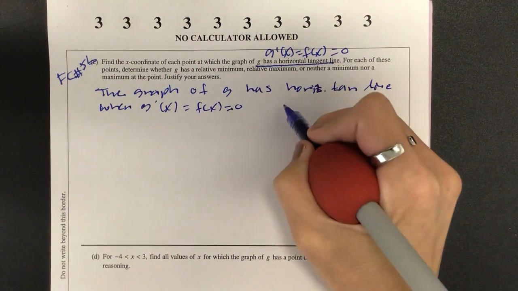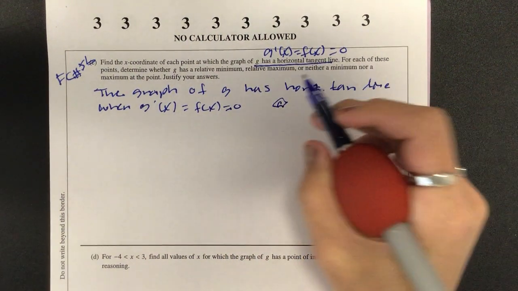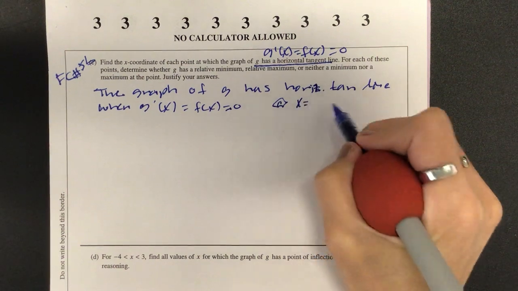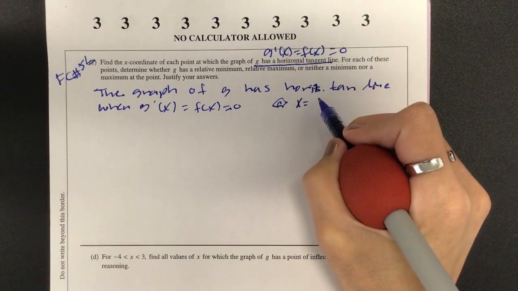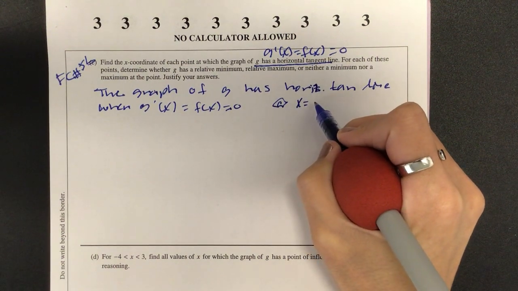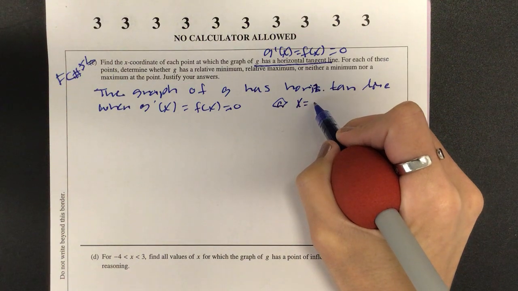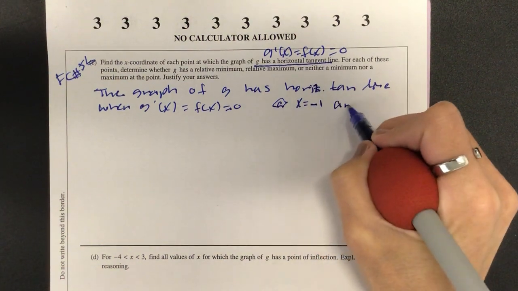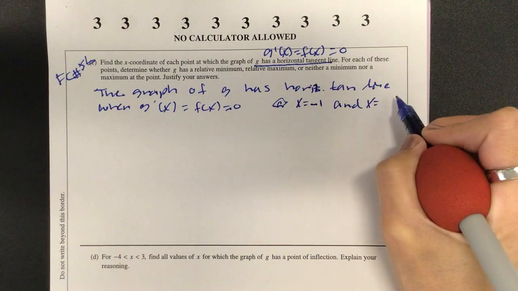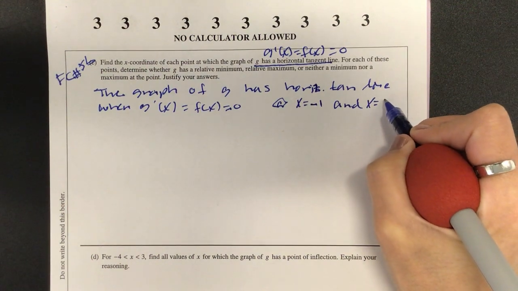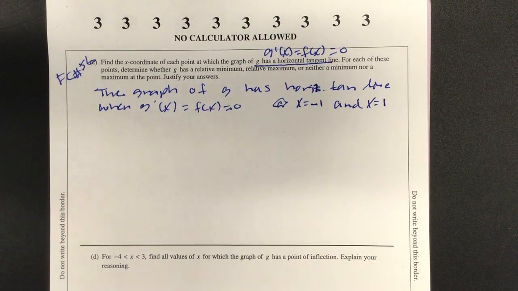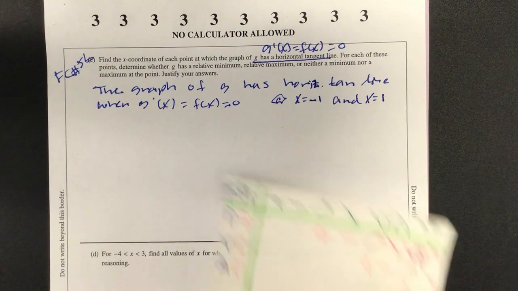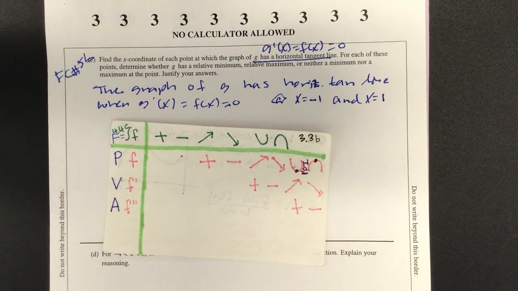So we know those points are at, we found the first one on the left at where? x equals what value? Look at your graph. -1. And we had another one at 0. x equals what? 1. All right, so now let's talk about what's happening. They're asking us, is it a relative minimum or a maximum?